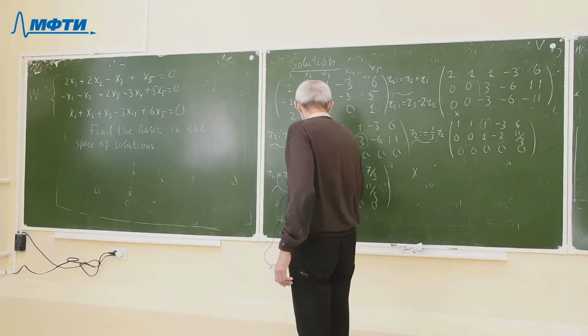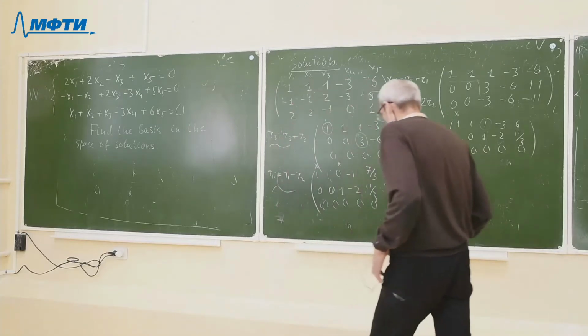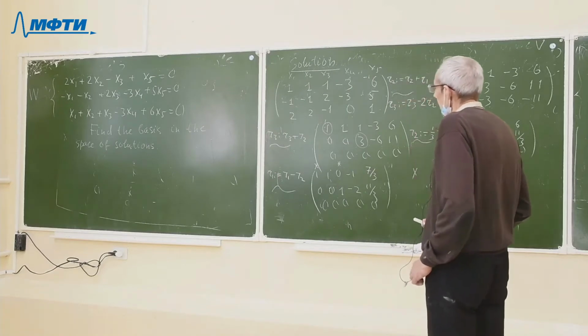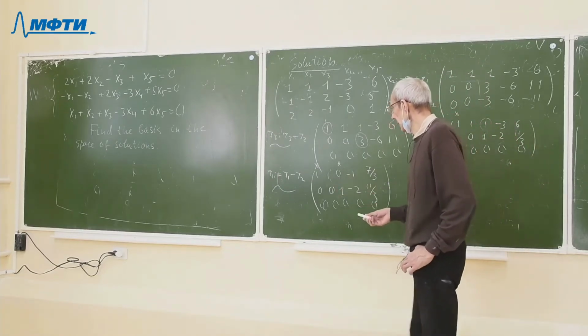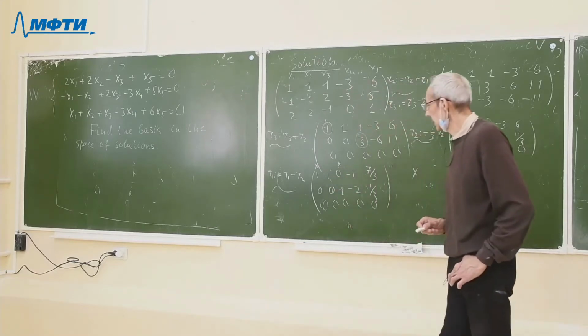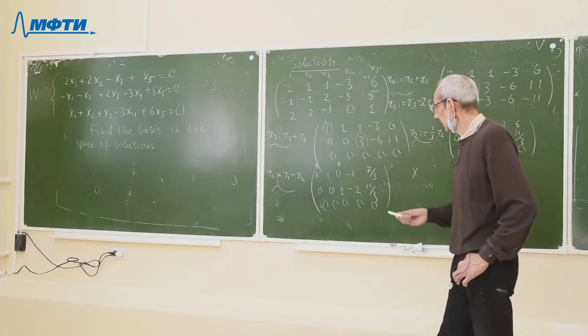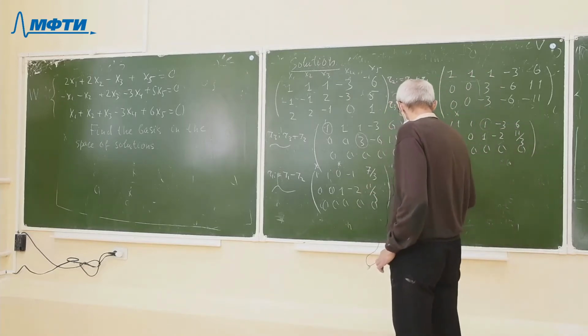I have the following independent variables x1 and x3, because the first and third columns form the unit matrix.